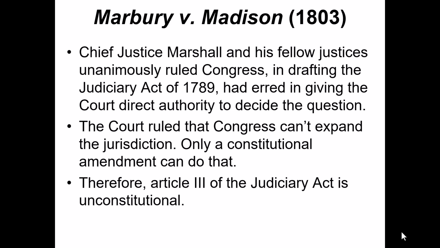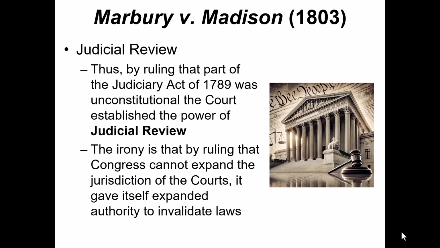And I actually think Marshall makes a very good point that that's true. So the Supreme Court rules that Article 3 of the Judiciary Act is unconstitutional. Not the entire act, but that part that expands the original jurisdiction of the U.S. Supreme Court.